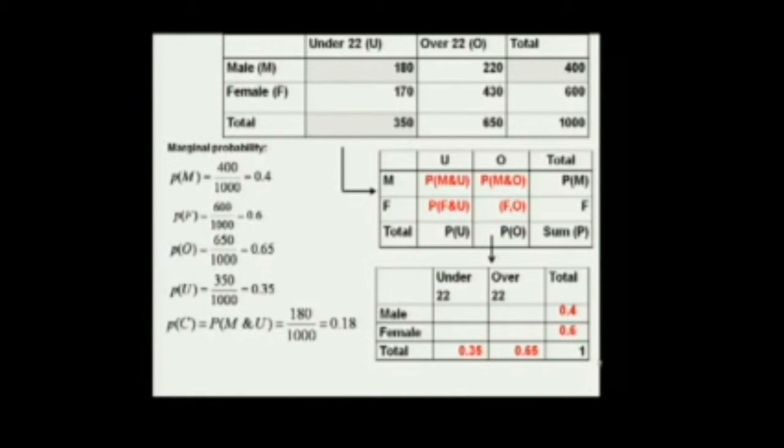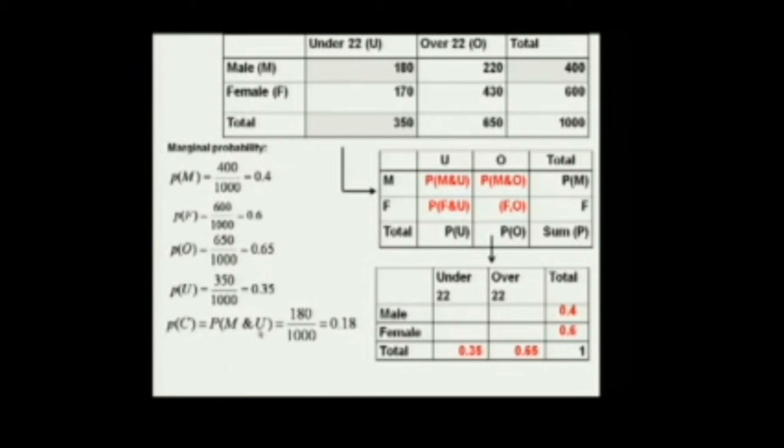Now, suppose I'm talking about the probability of male and under. Male is here, under is here, so male and under will be the 180. This is the number of people that are male and under 22. If I divide this by the total 1,000, that will give us the probability of male and under.